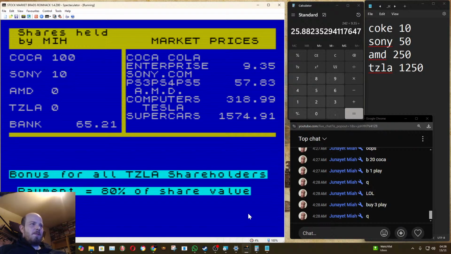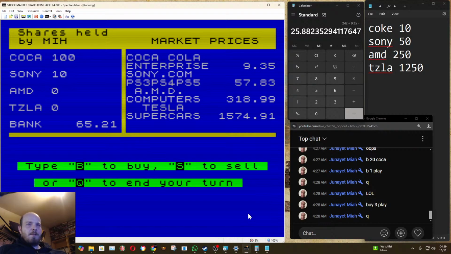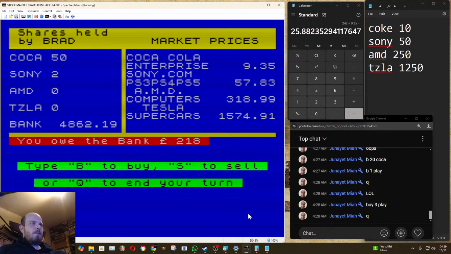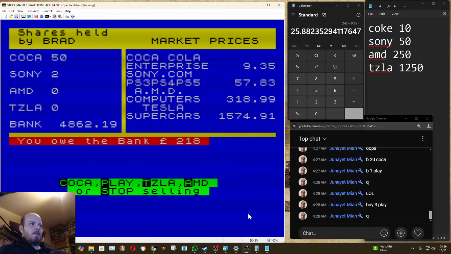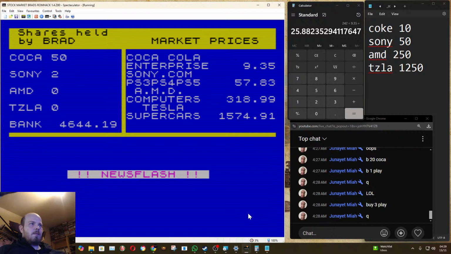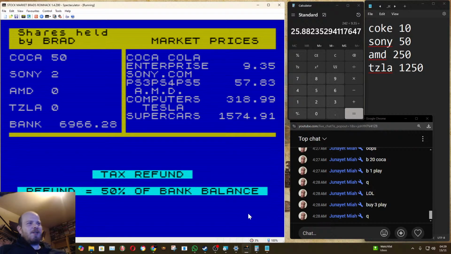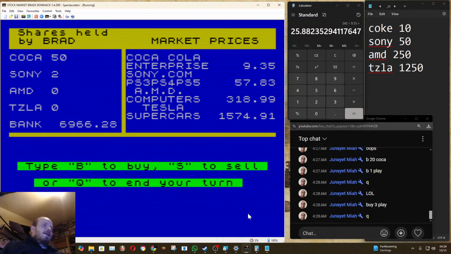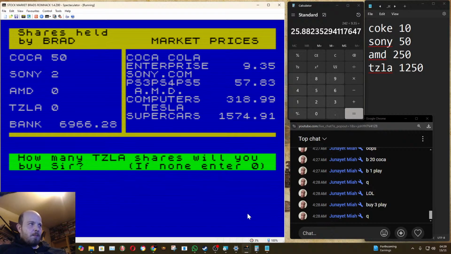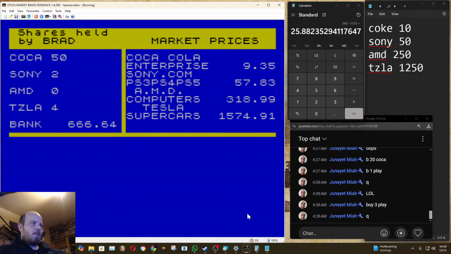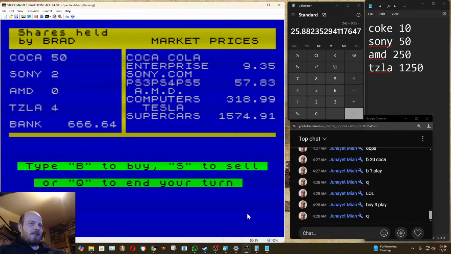Tesla bonus. With 4,000 in the bank, yeah. Six, six, six, six, six.